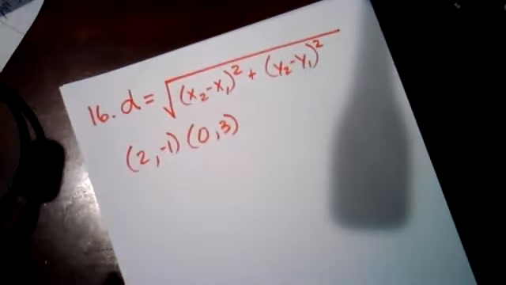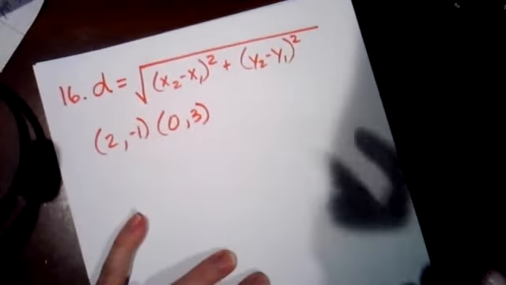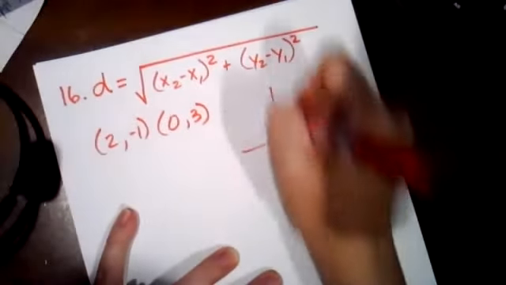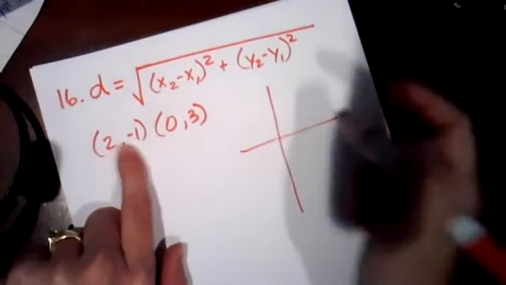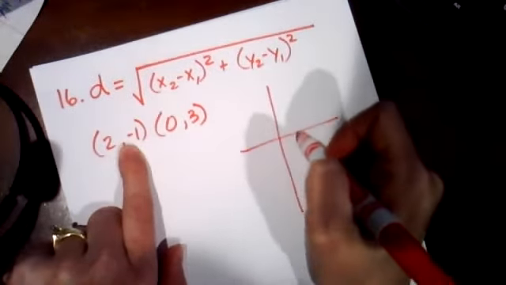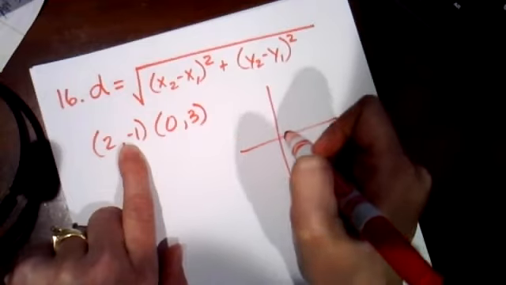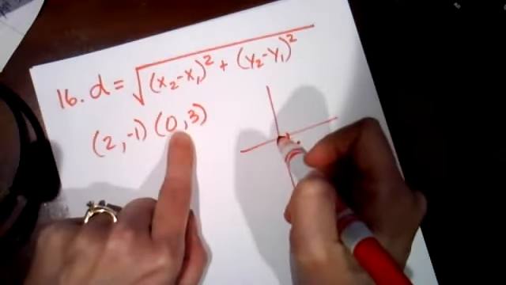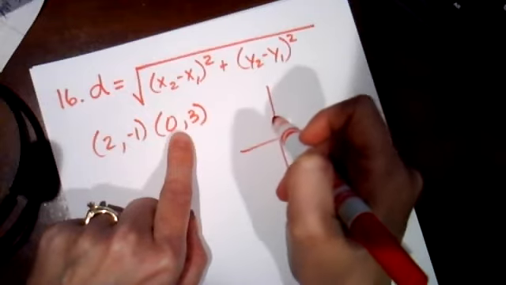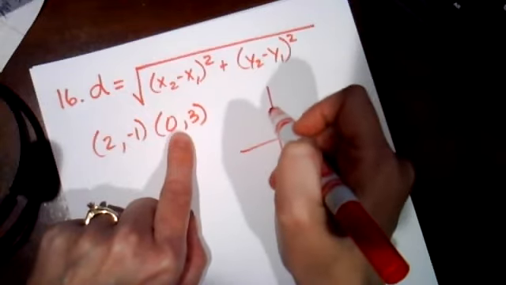I'm going to draw them, but I'm not going to do the 7 and 5 thing like I did before. You can, but you do not even have to draw them. So 2, -1 is my first point, and my second point is straight up the y-axis.